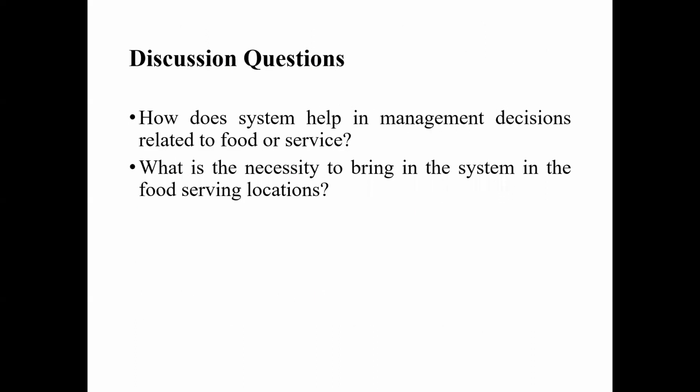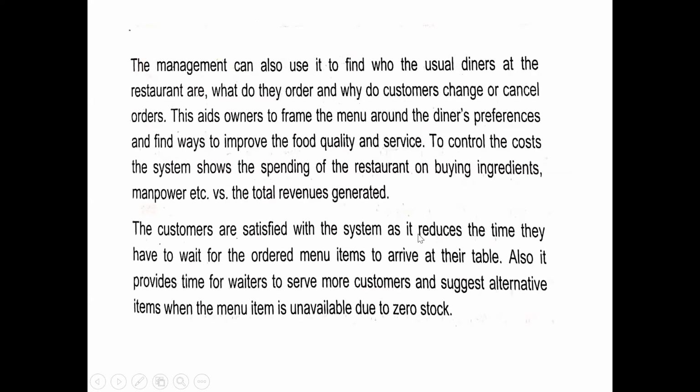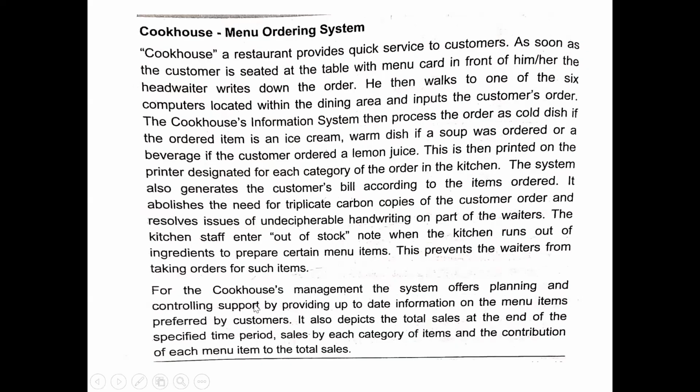Now we will discuss these two questions. The first one is, how does the system help management decisions related to the food? For the first question, we have to look at what perspective it is talking about. Here it is shown as management decisions. For the Cookhouse management, the system offers planning and control support.